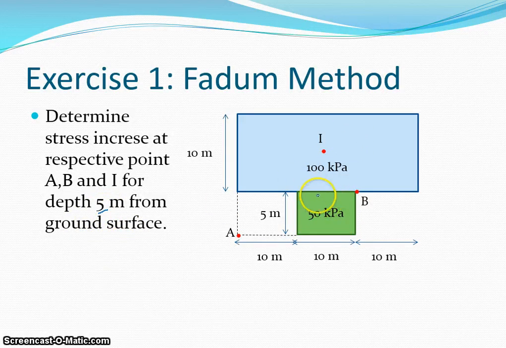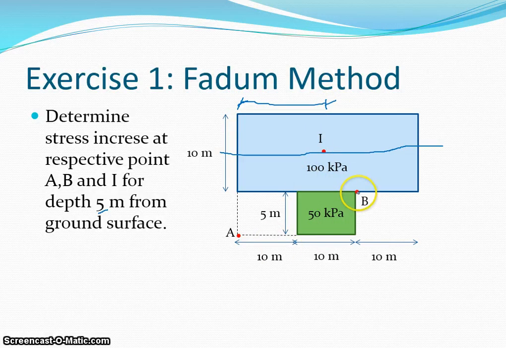And I assume the I is at the middle of the box. So I think this is 10 meter divided by 2, 5 meter, and this is 15 meter from the corner.